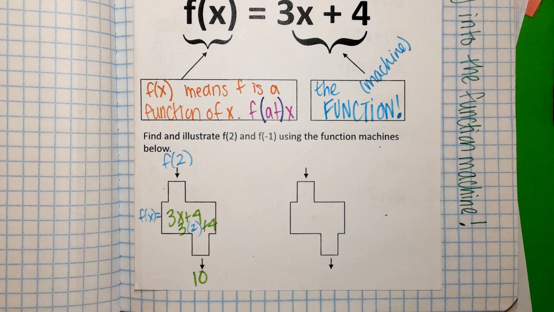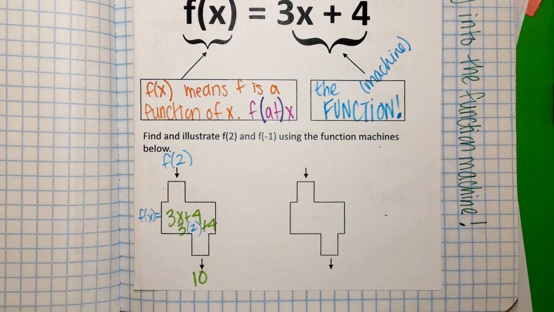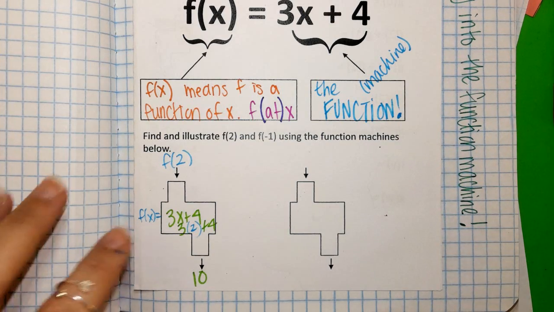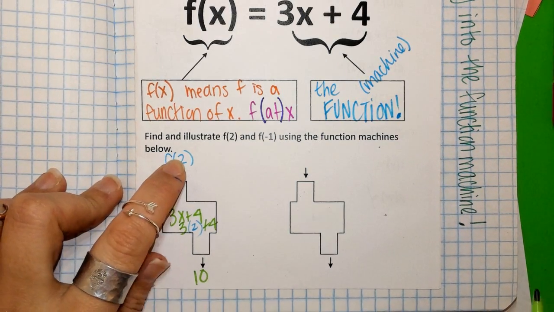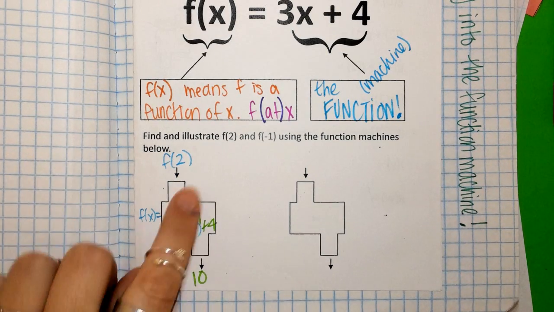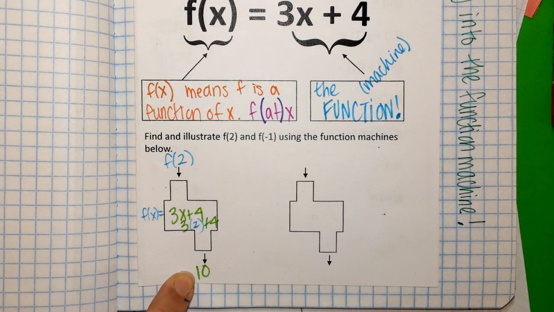Now, what does that mean? What is this 10? F equals 10? No. F at x. And what do we also call f at x? What letter does it represent? Y. It represents y. What did we plug in? Did we plug in our x value? Yeah. And we got out our 10.